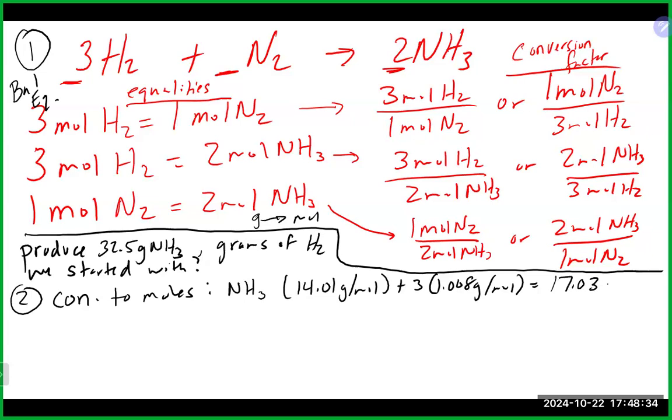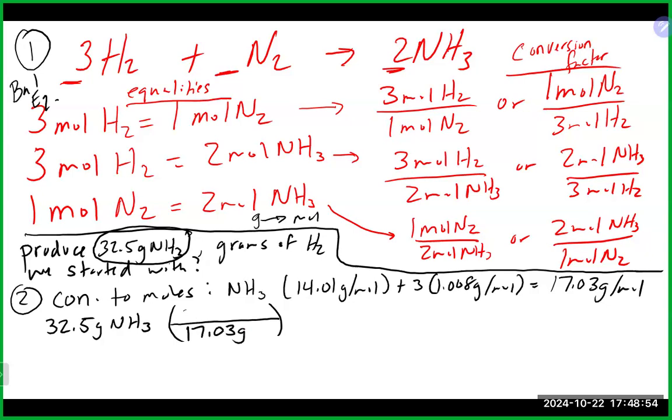So the second step is to take what they gave you, which is the only thing that was given to us: 32.5 grams of NH3. We're going to use the molar mass from the periodic table to convert it into moles, and we put the grams on the bottom, 17.03 grams per mole of NH3.